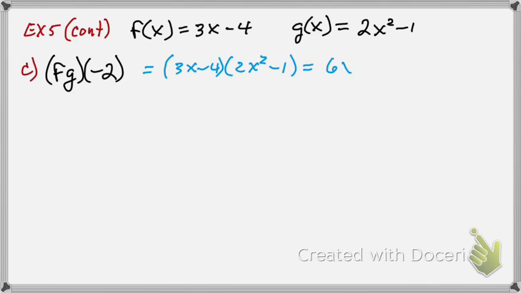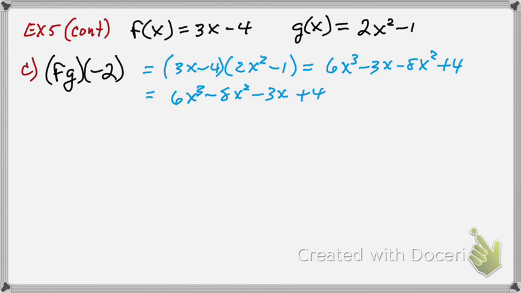So I've got 6x cubed minus 3x minus 8x squared plus 4. I'm just putting this in standard form here. I don't guess you have to do that. Just makes it easier to follow.